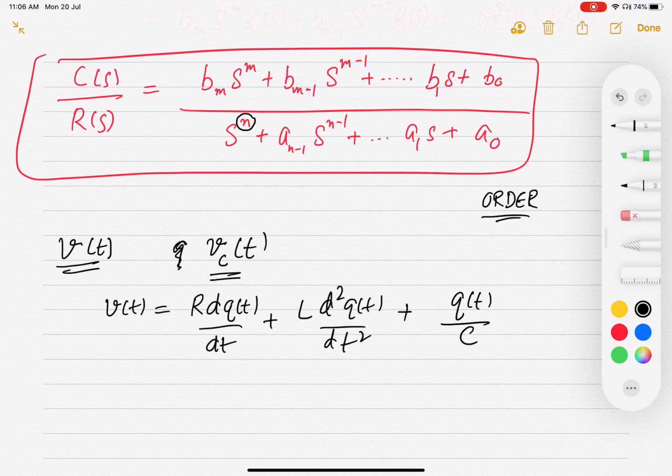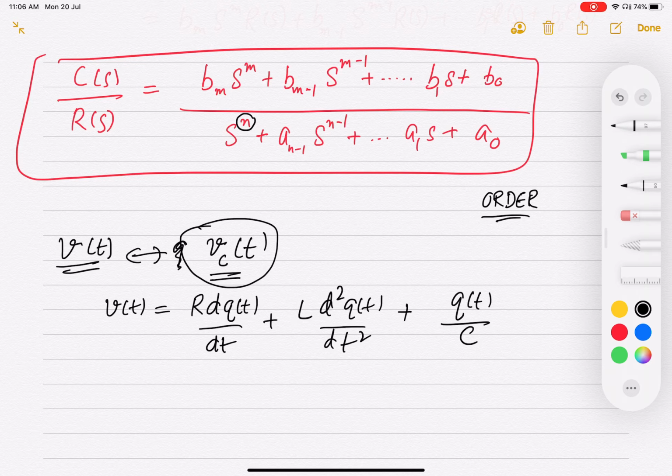And suppose we are interested in the voltage across the capacitor, not the current through the circuit. So can we write down the transfer function as easily as we did for the current? The answer is yes. Now what you want to do is to put the differential equation in such a way that you have the capacitor voltage coming in.